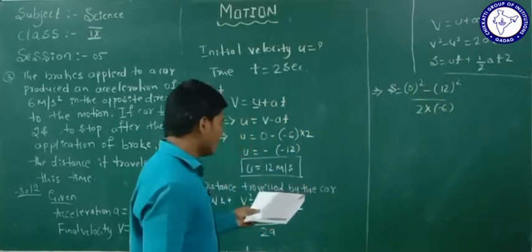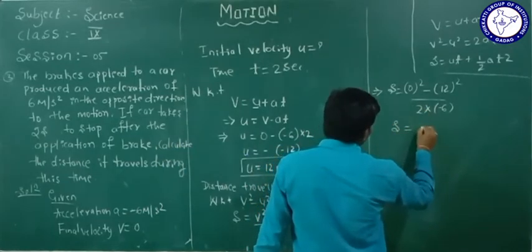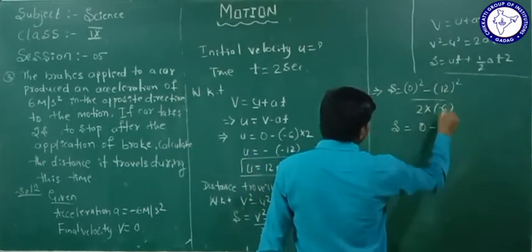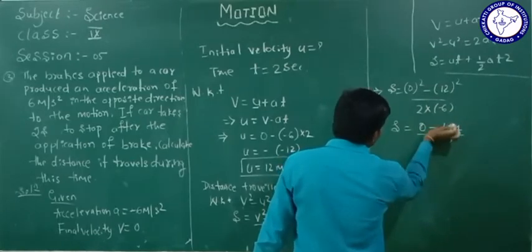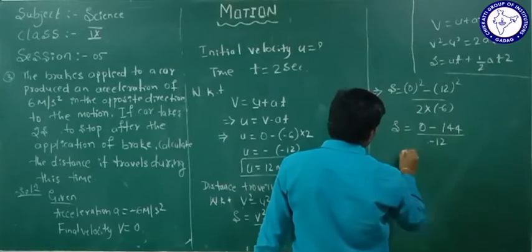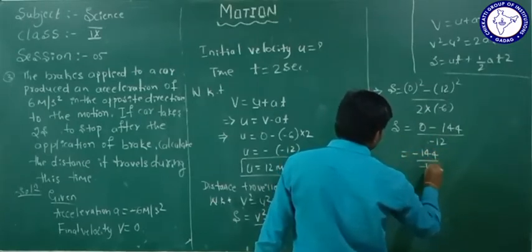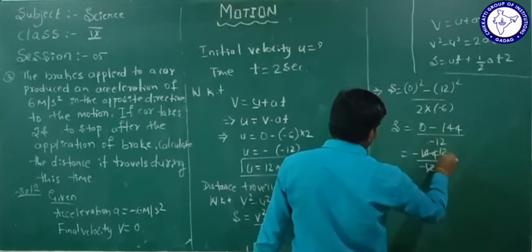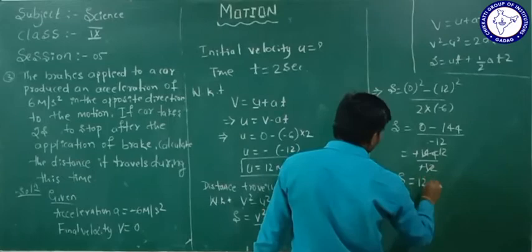I am taking minus 6 here. S is equal to 0 square is 0, 0 minus 12 square is 144, isn't it? 2 into minus 6 is minus 12. That is equal to minus 144 divided by minus 12. This 12 gets cancelled. That is S is equal to 12 meter.